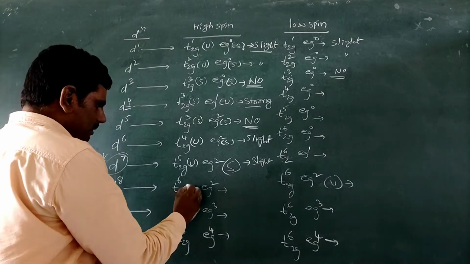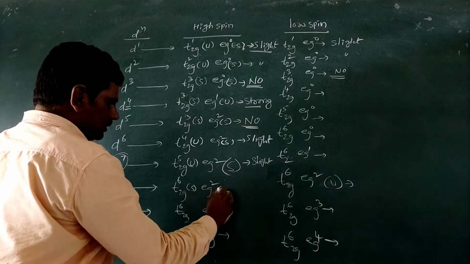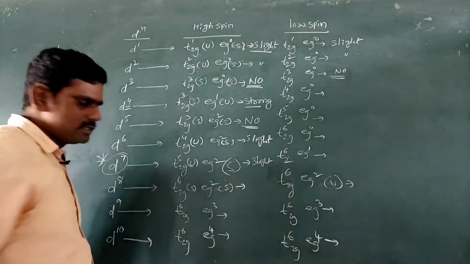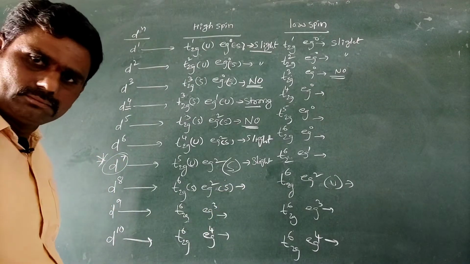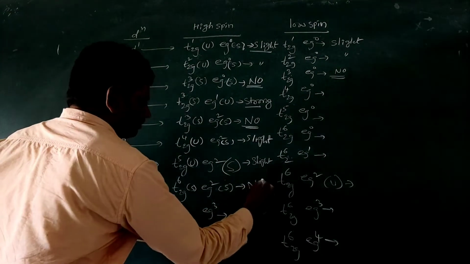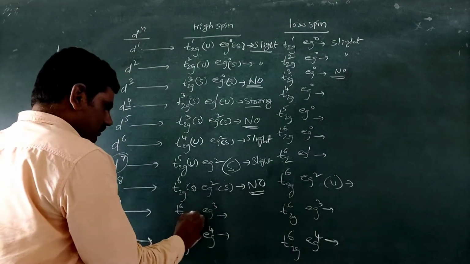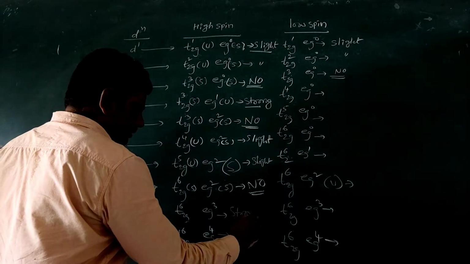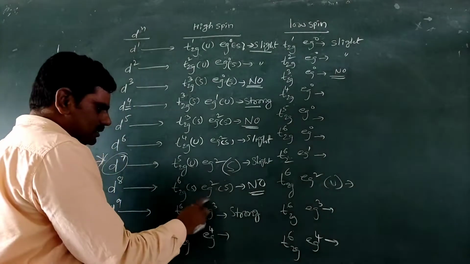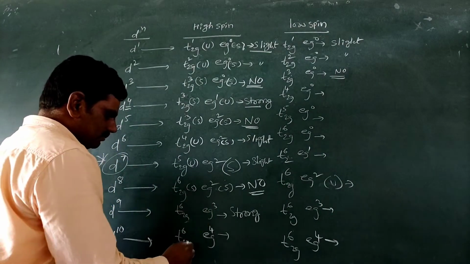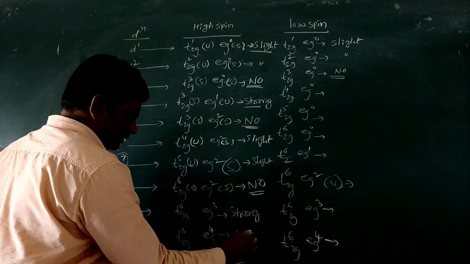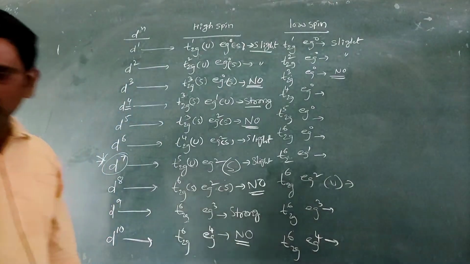And now here it is symmetric, also symmetric, no distortion. Symmetric, unsymmetric, strong distortion, because the unsymmetry is in the higher energy level. So both are symmetric, no distortion. So these are the conditions.